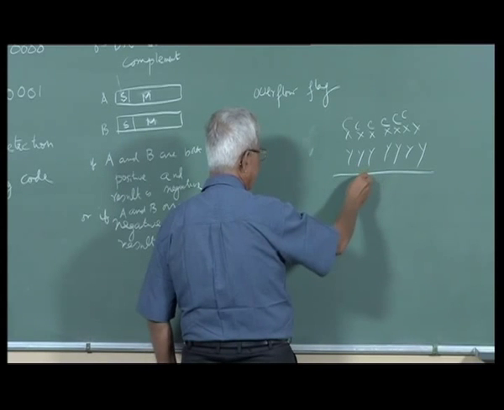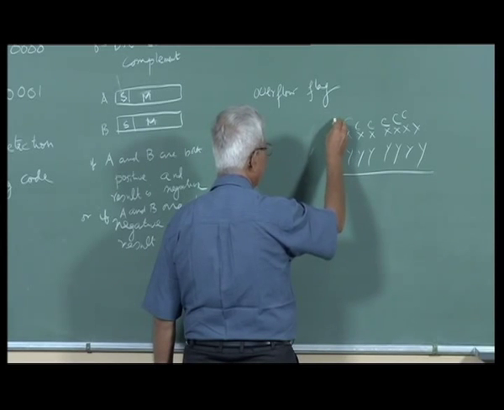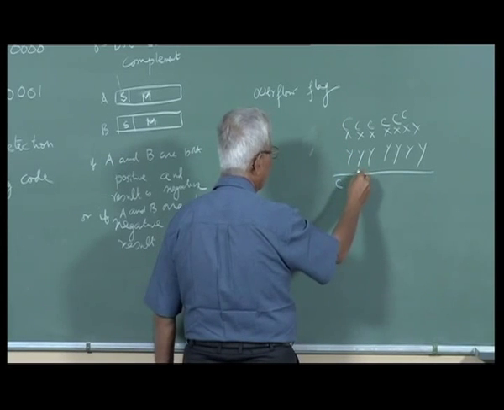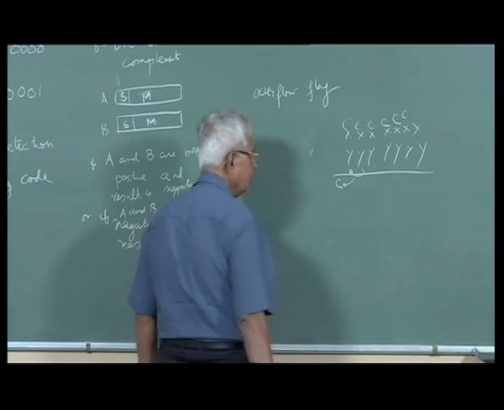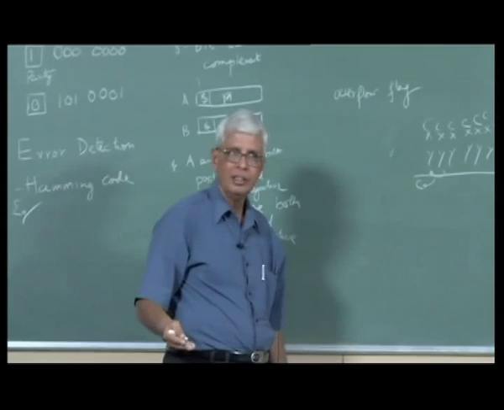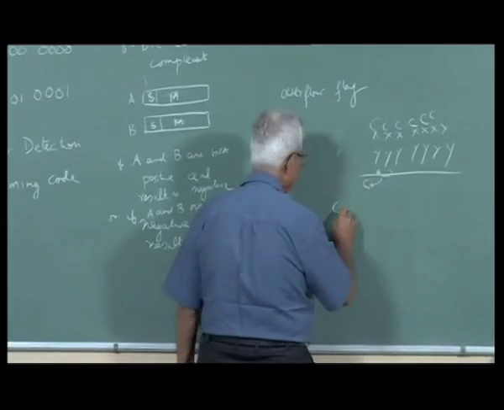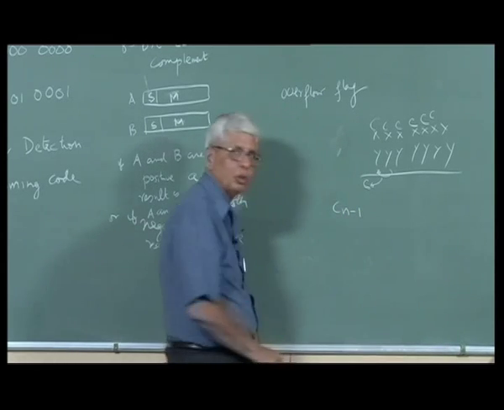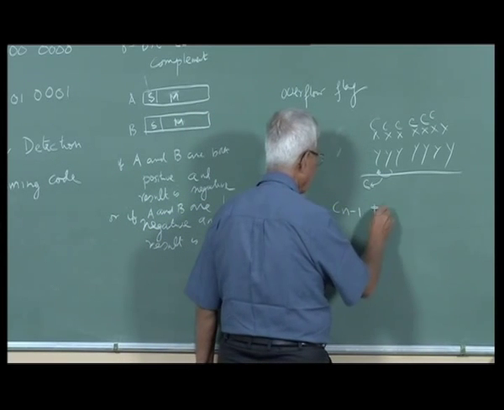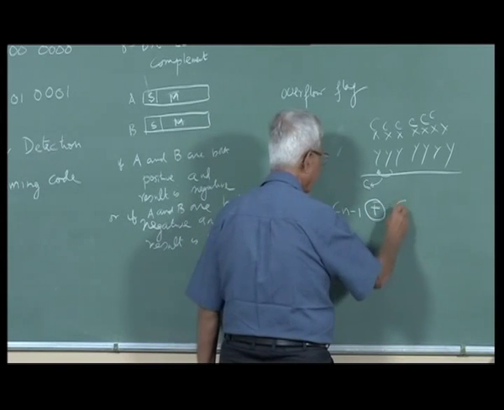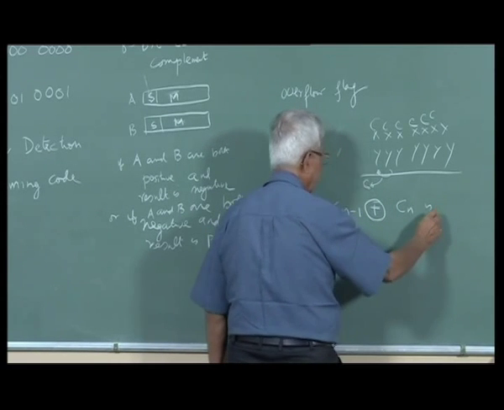The carry going into this and the carry coming out of this, finally also there will be a carry. If the carry going into this and the carry coming out of this are different, then there is an overflow error. That is a detection mechanism. So we will call it Cn minus 1, C for carry out. Cn minus 1 exclusive OR Cn. We will talk about exclusive OR gates today.